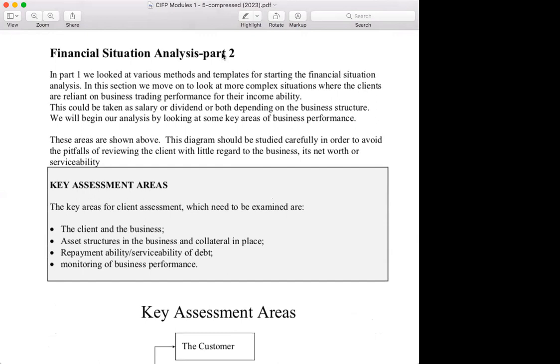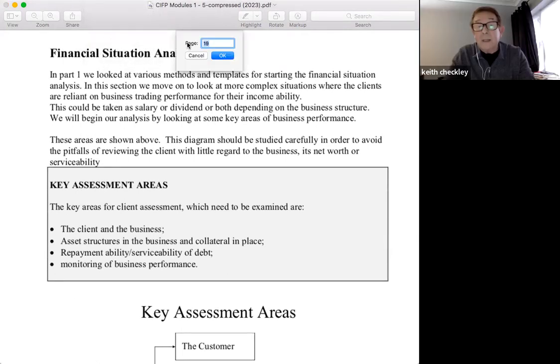Sorry. 19, try page 19. Let me know when you get there.